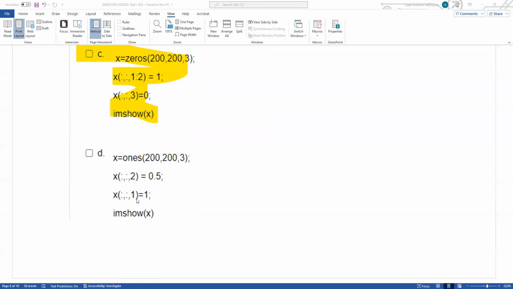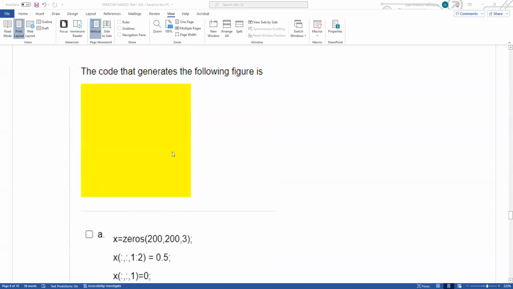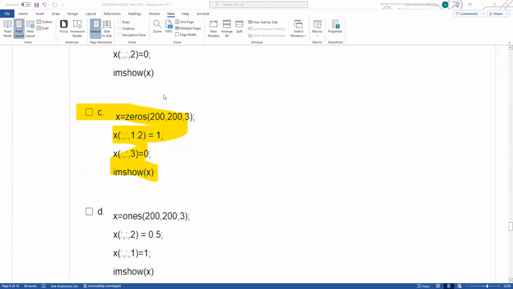That's the only way you're gonna get the yellow that you see here. So this brings us to the answer, which says that matrix 1 and 2 corresponding to red and green are gonna be 1, and matrix 3, which corresponds to blue, is gonna be completely off. So you only have a combination of intensity 1s for red and green, which results in yellow.